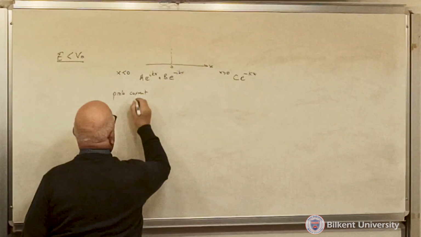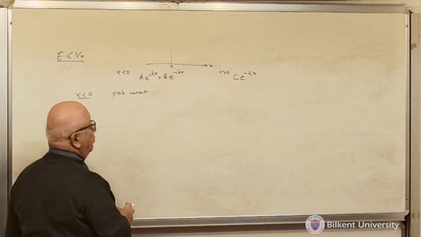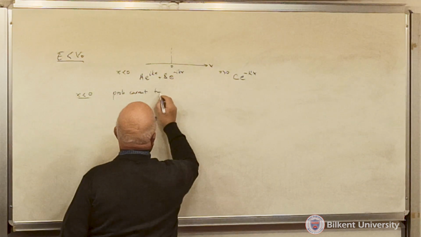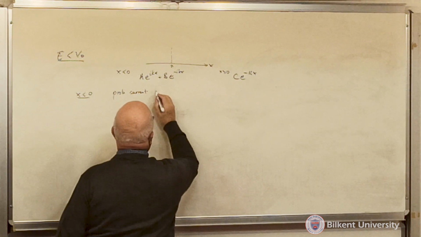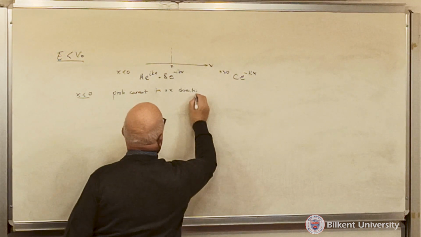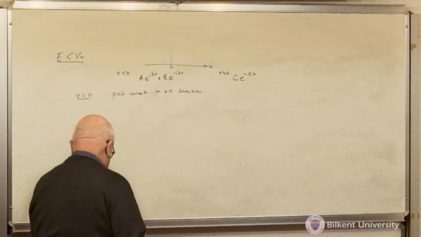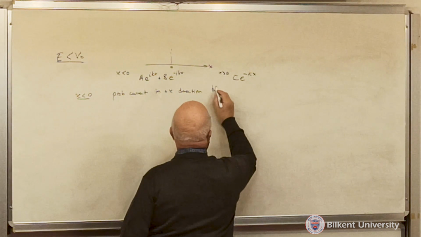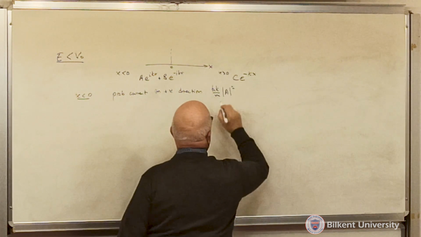So for x less than 0, the probability current in the plus x direction is going to be h bar k over m times the magnitude of a squared.